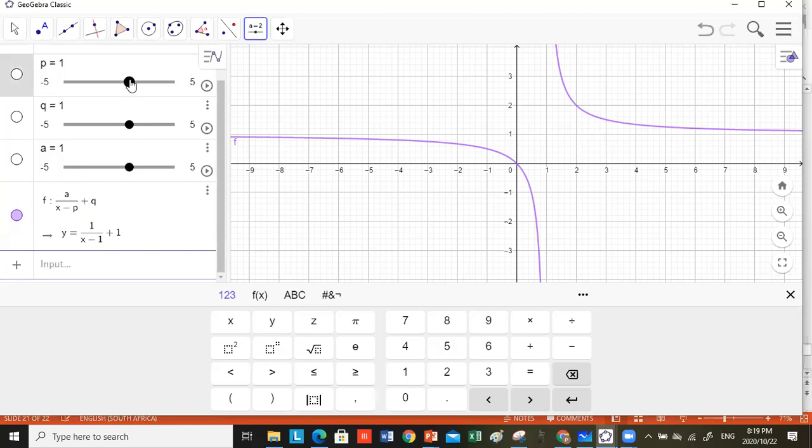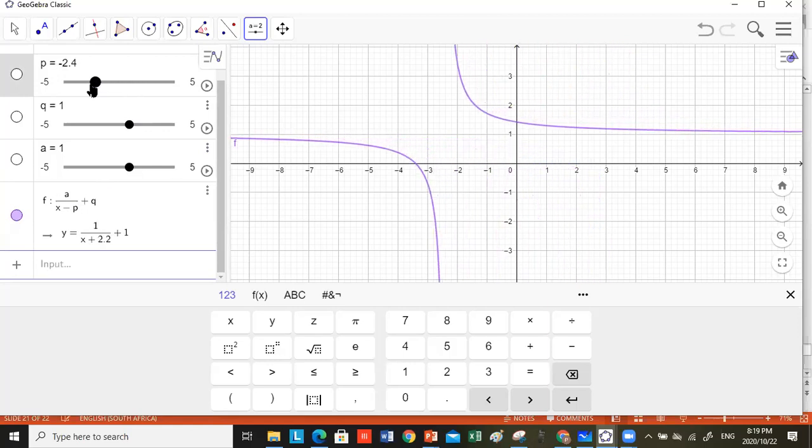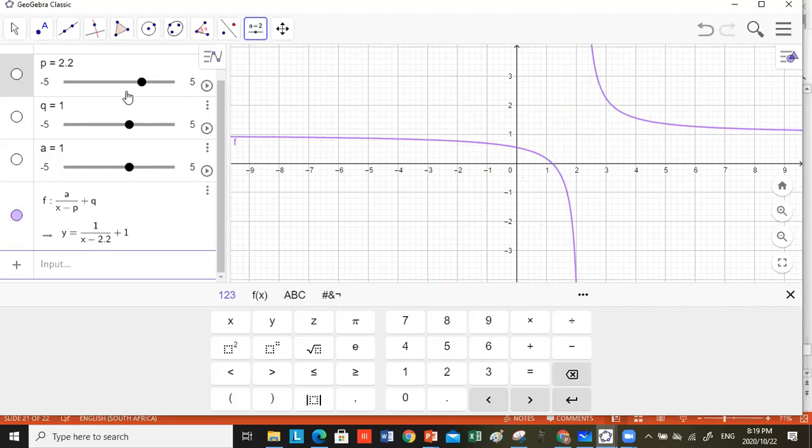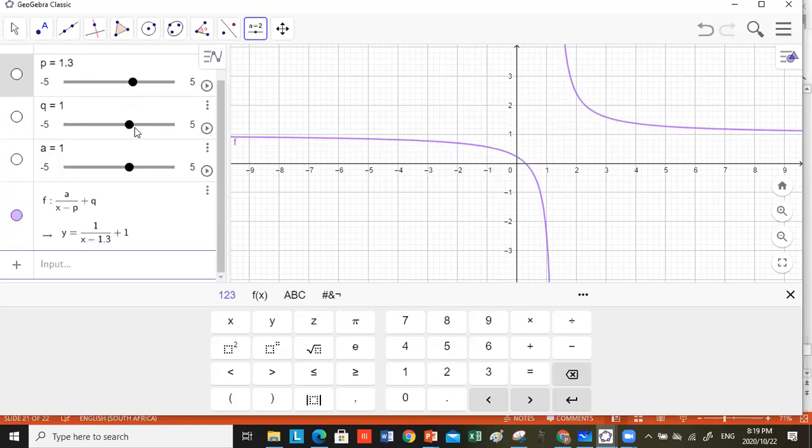If we increase the value of p, our function shifts to the right. When p is decreasing, the function is shifting to the left. If p is increasing, it is shifting to the right, but it maintains its shape.